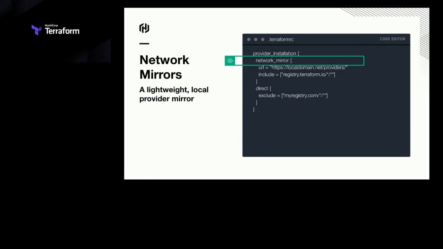Looking at the screen here, we use the Terraform CLI configuration to configure where Terraform is going to look for its network mirror. And the network mirror itself can be as simple as an S3 bucket or a simple static web service that offers up the files Terraform needs to act as a network mirror.